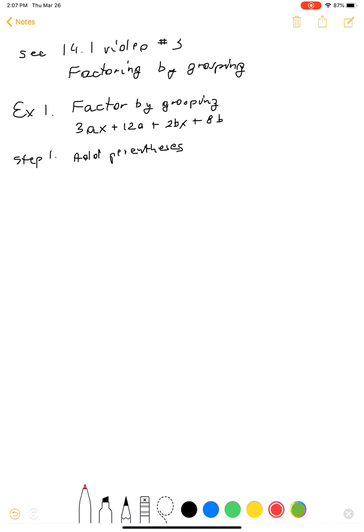Usually the first 2 expressions go together and the last 2 expressions go together. So we have 3ax plus 12a, that's our group 1, plus 2bx plus 8b, that's group 2.